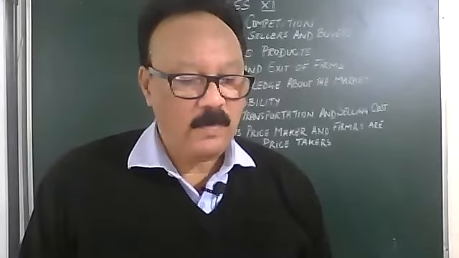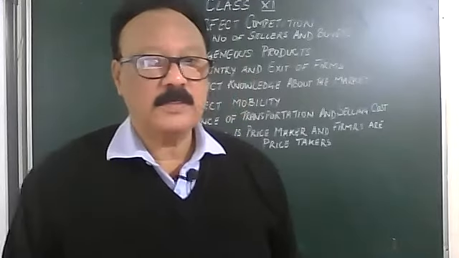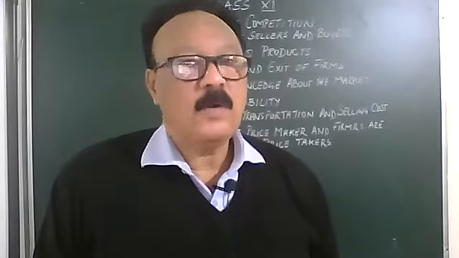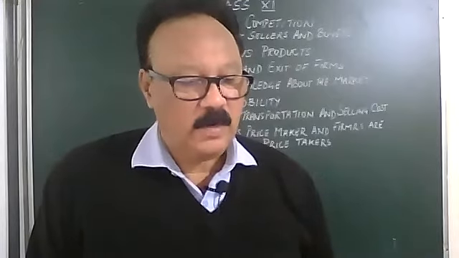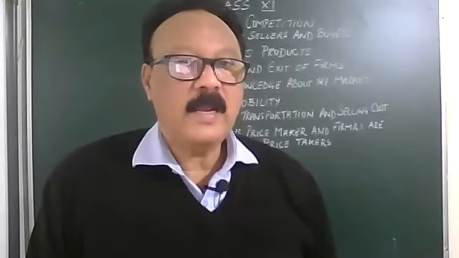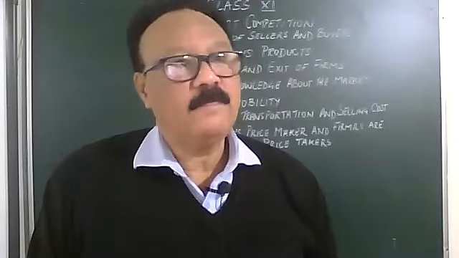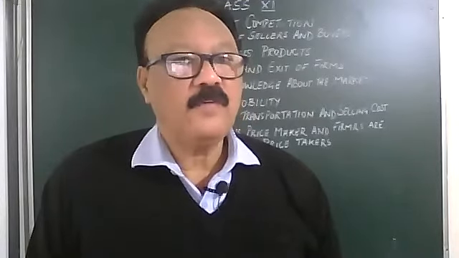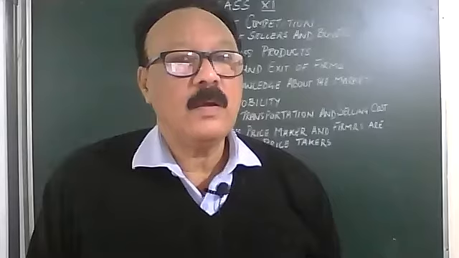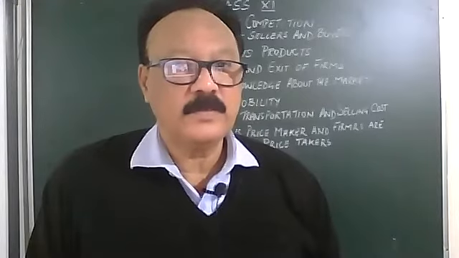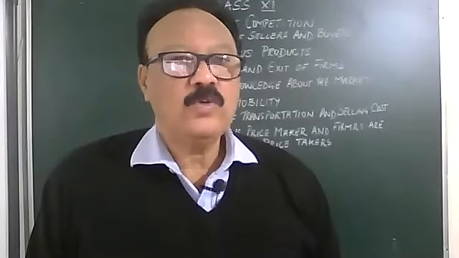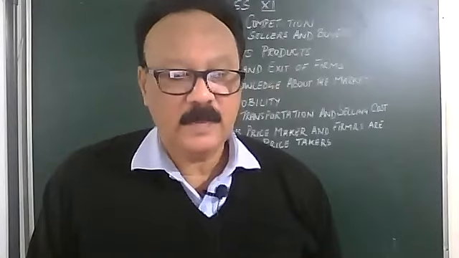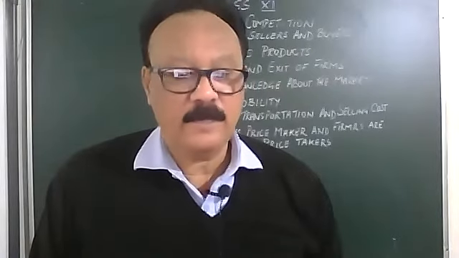Then what happens? Profits will come down, to such an extent that they earn normal profits. Now suppose a firm is incurring losses. Those who cannot cope up with the losses will exit. They will leave the industry.